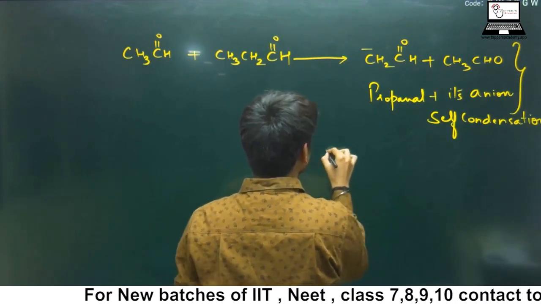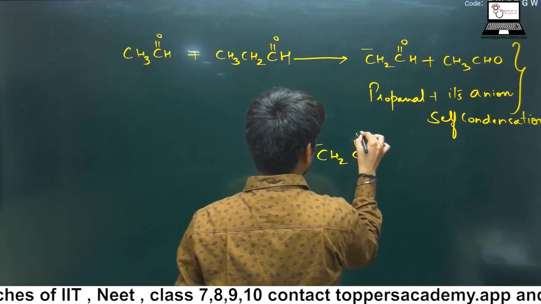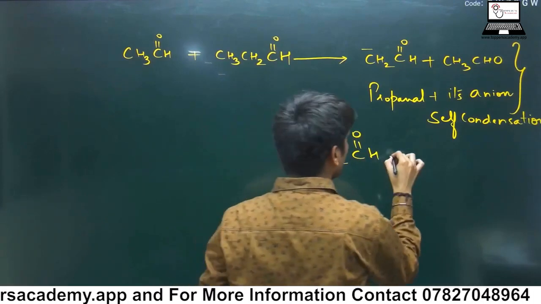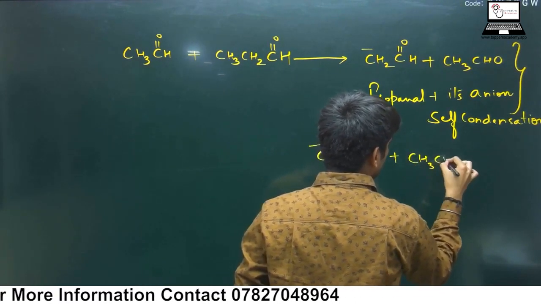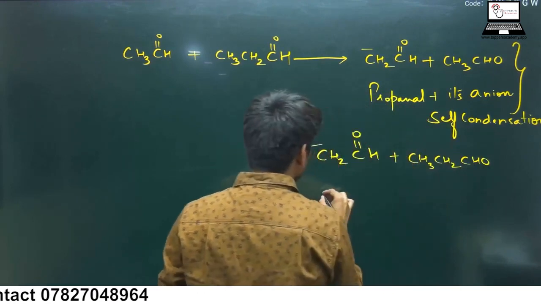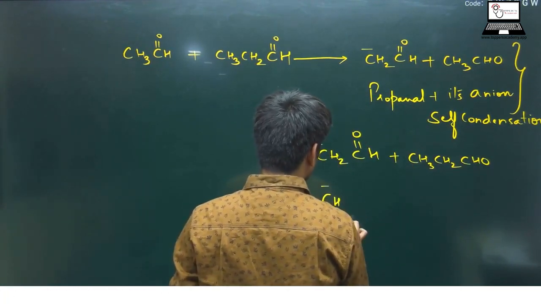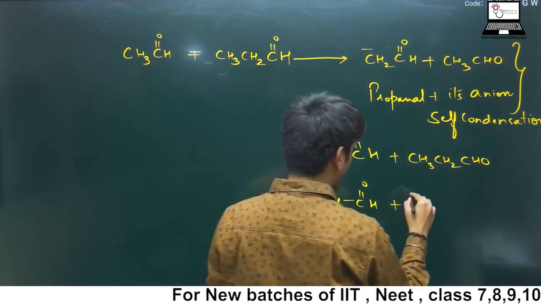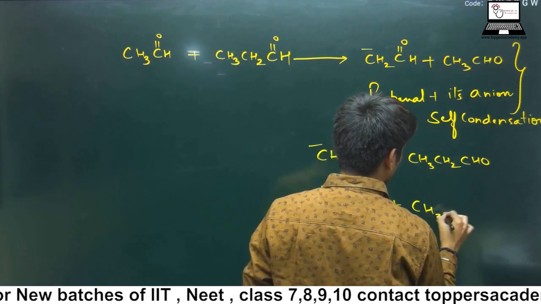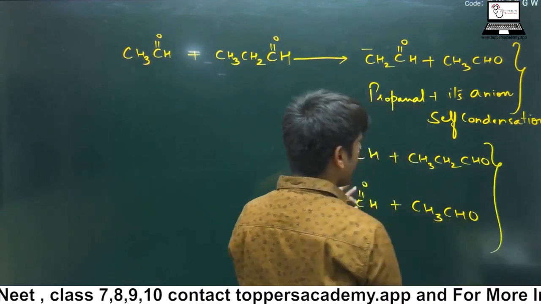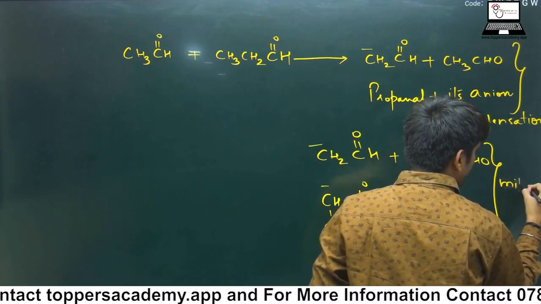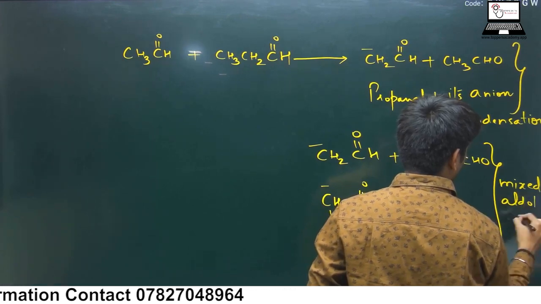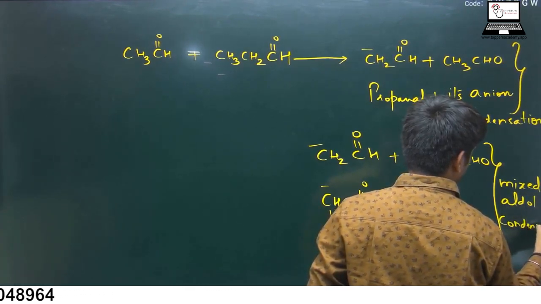Whereas if I take the carbonyl of ethanol and another molecule of propanol, or I take the carbonyl of propanol and another molecule of ethanol, then I end up getting products from mixed aldol condensation.